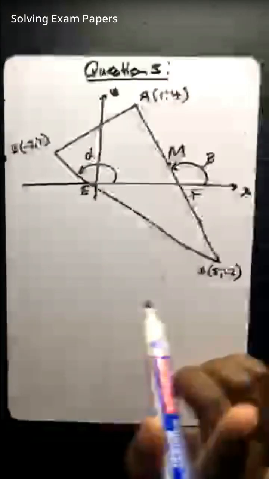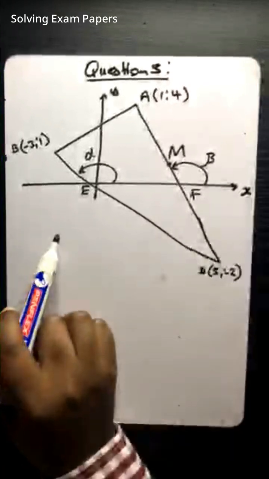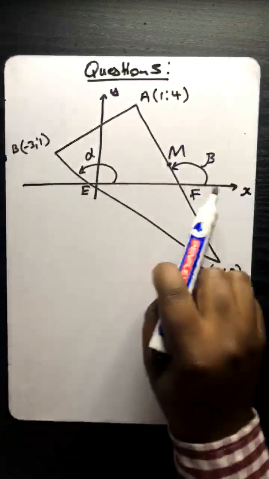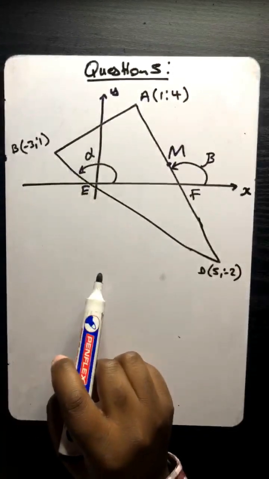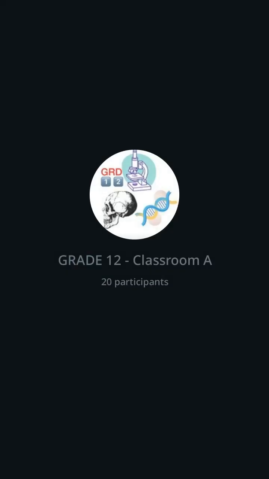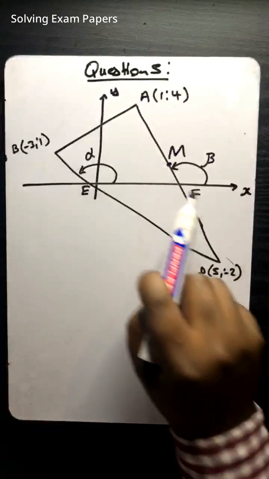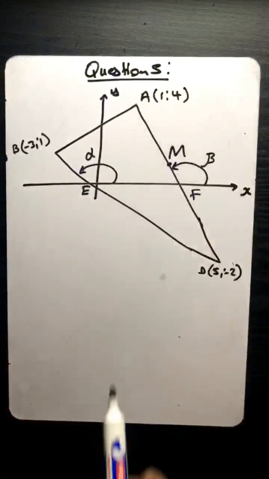Inclination, listen very carefully. The angle of inclination of BD with the x-axis at E is alpha. The angle of inclination of AD, where is A, there's A, there's D, with the x-axis at F is beta. So in terms of the angles, we've got alpha and beta.